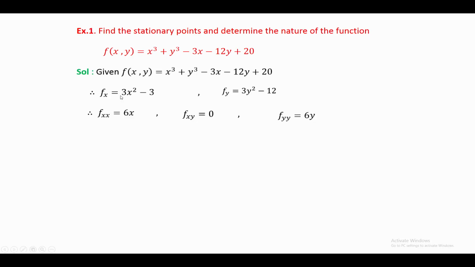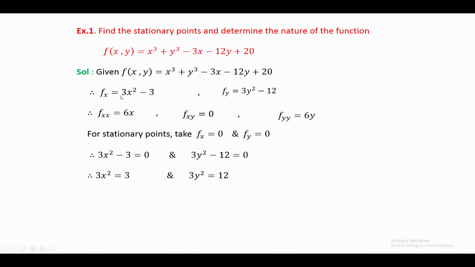Take fx = 0, fy = 0. For the stationary point, take fx = 0 and fy = 0. Therefore, we get 3x square minus 3 equals 0 and 3y square minus 12 equals 0. So we get 3x square equals 3 and 3y square equals 12.